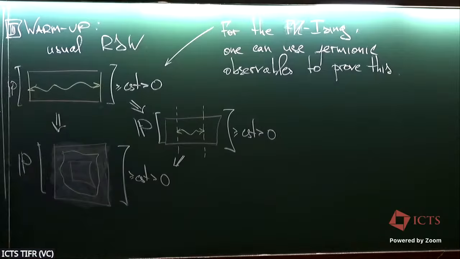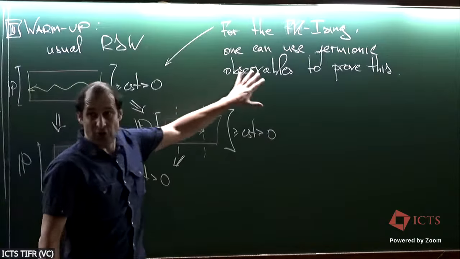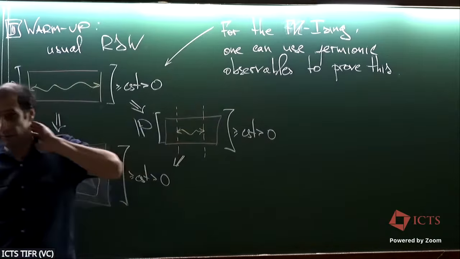And here I want to discuss or to hint from where the contradiction comes. So the fermionic observables, this is a much more rigid structure than parafermionic observables for other models.